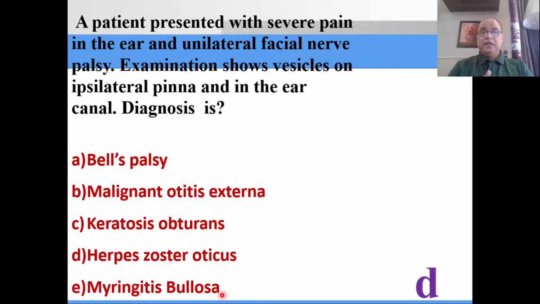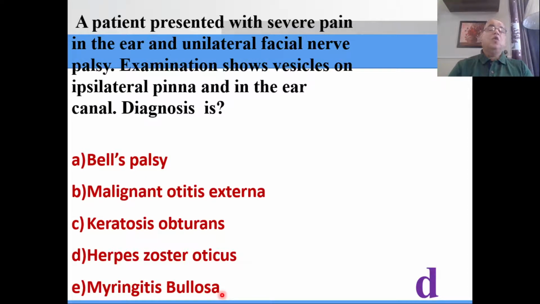Second, in Myringitis bullosa, the blood-filled vesicles are confined to the outer surface of the tympanic membrane and deep meatus only. The vesicles in Myringitis bullosa haemorrhagica or Otitis externa haemorrhagica, as these are synonymously called, are confined to the outer layer of the tympanic membrane and deeper part of the bony meatus.